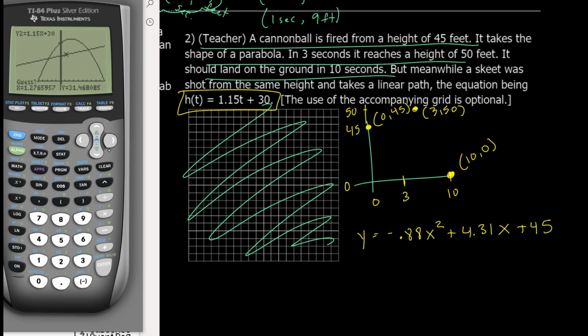Why not? If I hit enter 3 times, how many intersections are shown here? 2. Are both of them reasonable? No. If I hit enter 3 times, what could it give me? The negative. What do we want? The positive. Get over to the positive intersection and then press enter again.